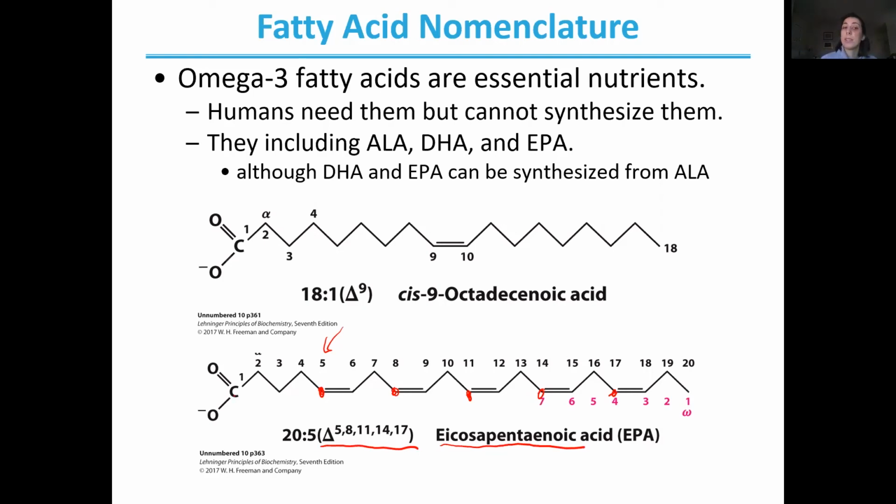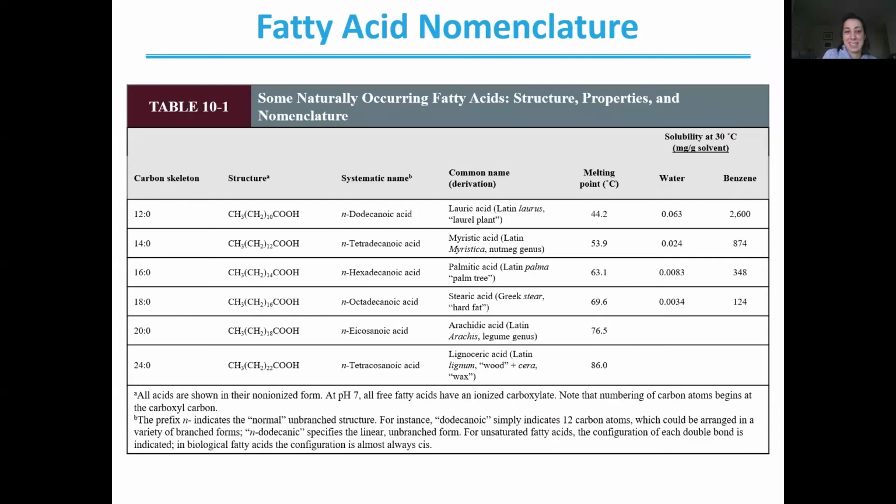So again, this is the difference in those two namings, delta versus omega. I want you to understand what they mean, understand what this, for example, 18:1 or 20:5 means as well, but not necessarily memorize all of the fatty acids.